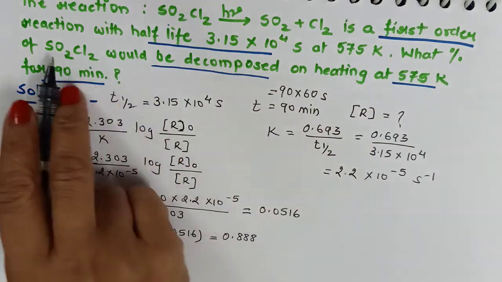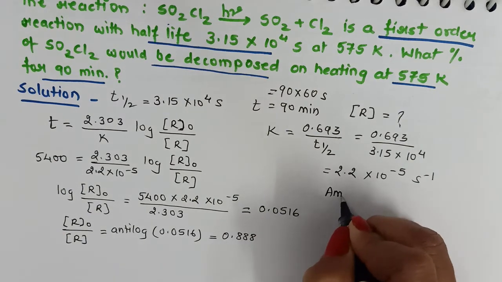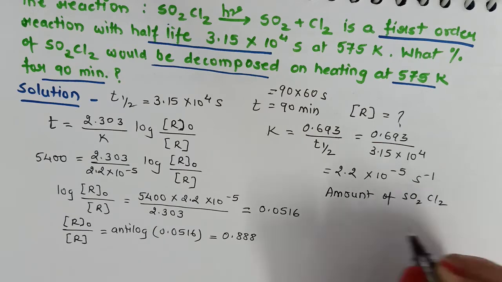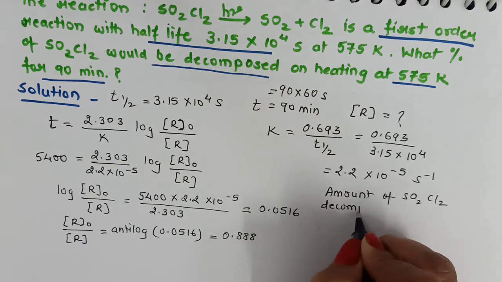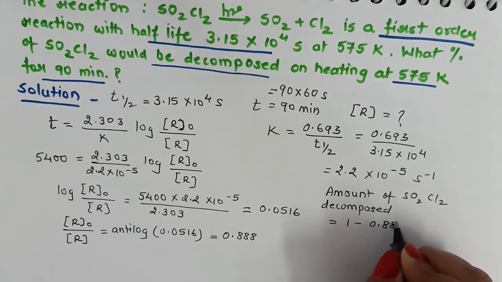They have asked us the percentage of SO2Cl2 that would be decomposed. So the amount of SO2Cl2 decomposed will be equal to 1 minus 0.888.